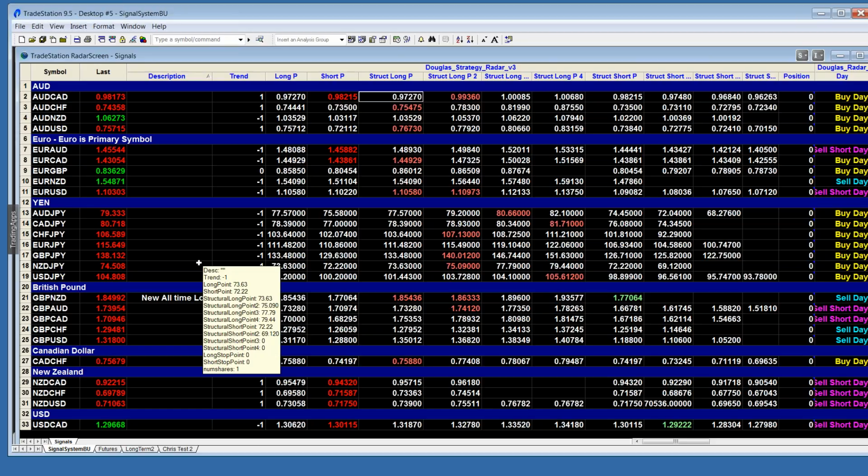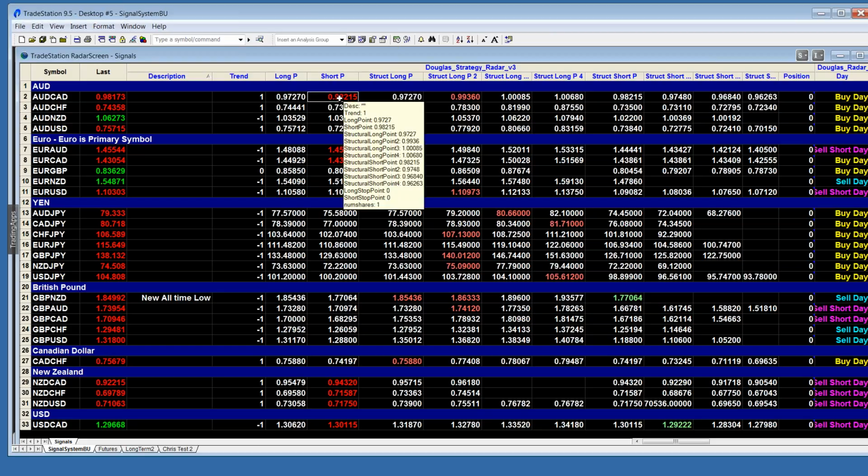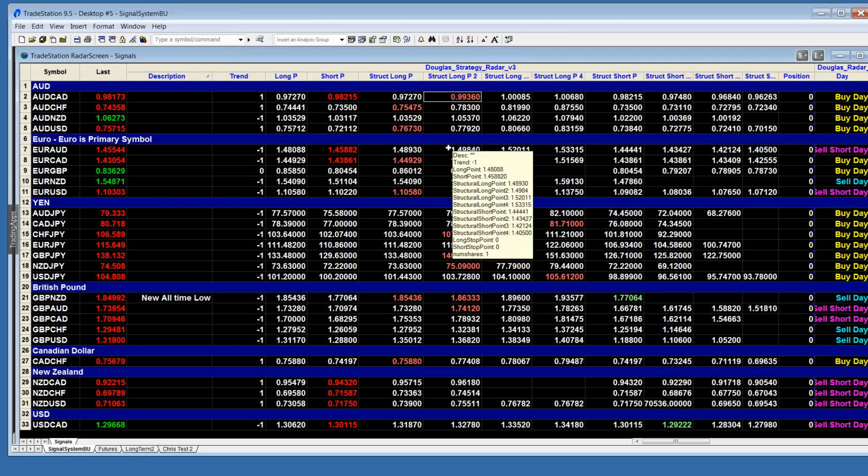The second change is, as you can see in the radar screen, there is the long point, which is the one above it we are going to regularly buy. And then we have the short point, which is the one below it, at it, or below it we're going to sell. And then we have the structural long point, which is a major entry point to the long side. And as you can see on the radar screen, it is followed by another structural long point, which is above it.